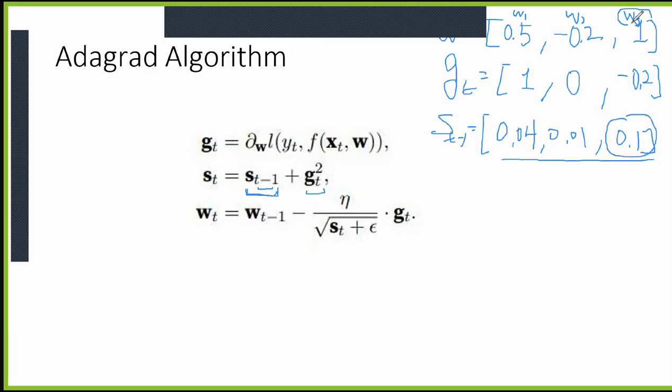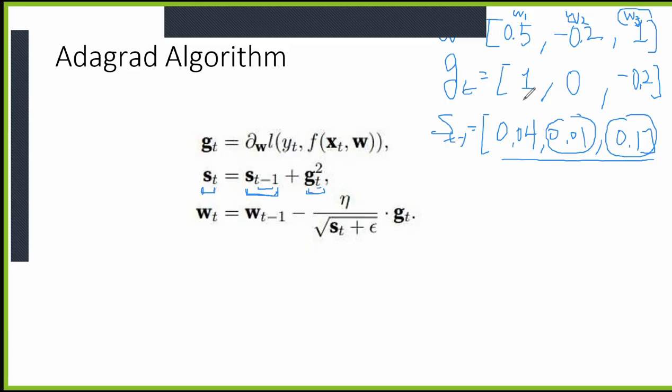Meaning, in the previous example, weight 3 is associated with more frequent vocabularies like the or is, whereas the second weight is accumulated with a less frequent vocabulary like Binghamton, because it was less updated.